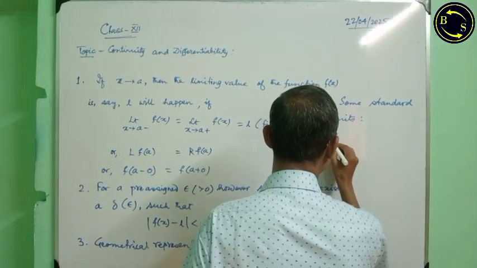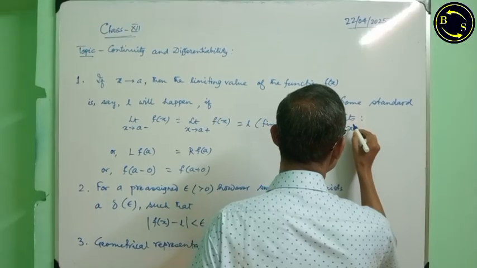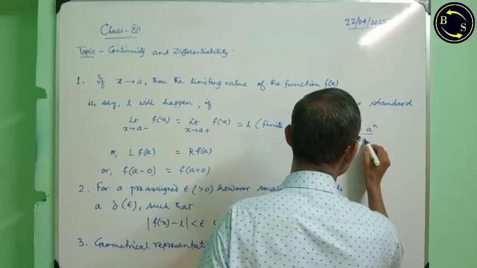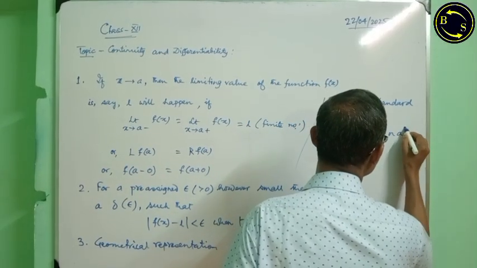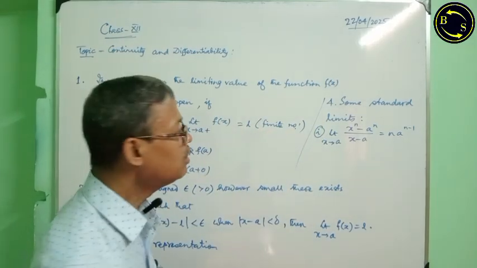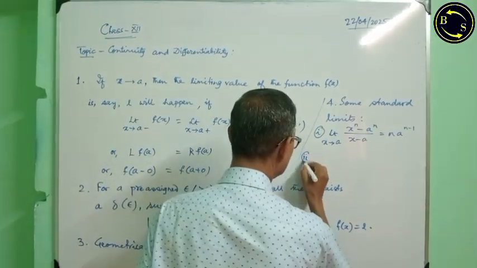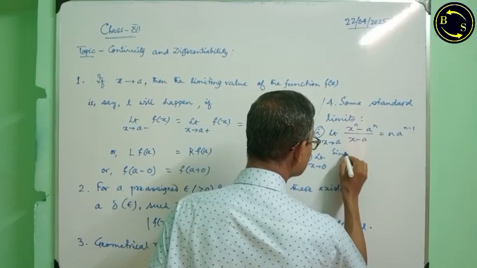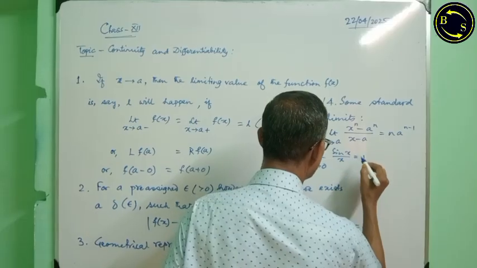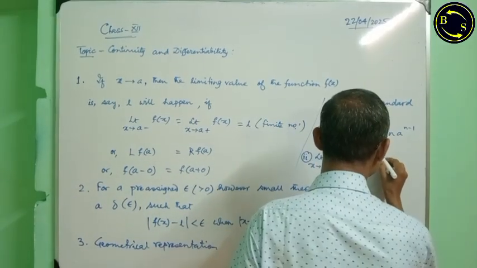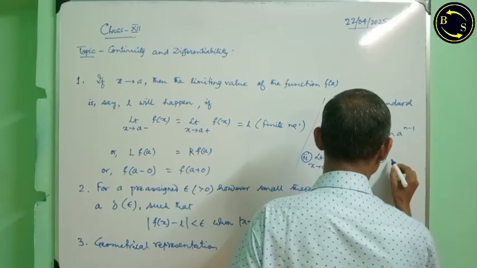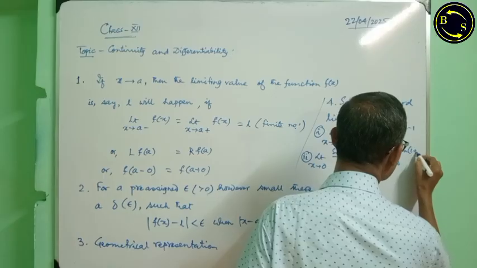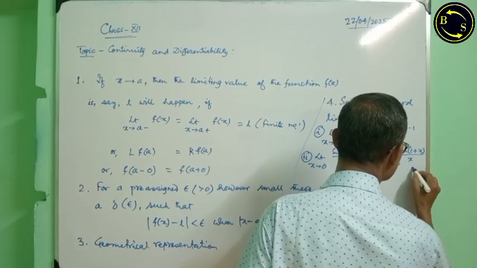Limit x tends to a of (x to the power n minus a to the power n) divided by (x minus a) is equal to n times a to the power n minus 1. Limit x tends to 0 of sin x by x equals 1. Limit x tends to 0 of log of (1 plus x) divided by x equals 1.